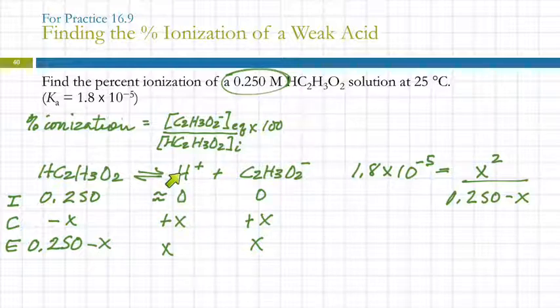Because it's the concentration of hydrogen ion and the conjugate base, x times x, there's my x squared, divided by the concentration of this, which is 0.25 minus x. So you can probably guess I'm just going to use my solver because I like the solver. 0.25.